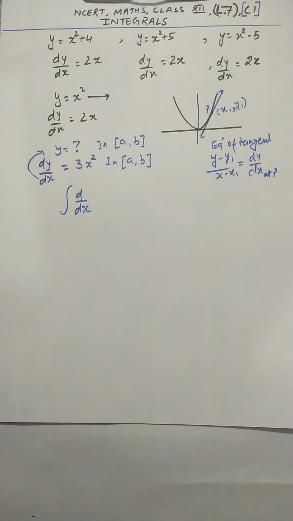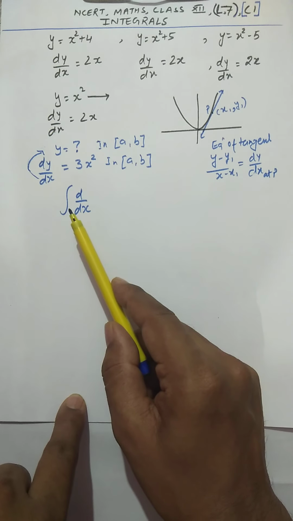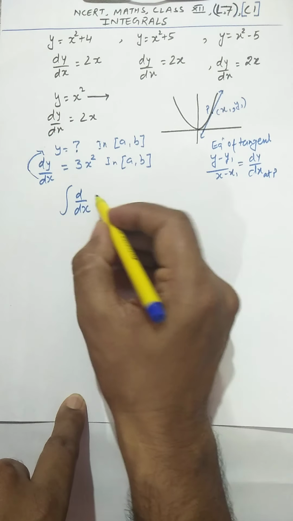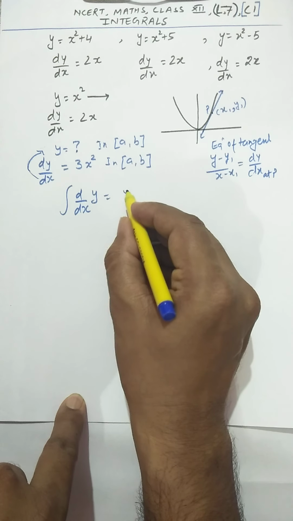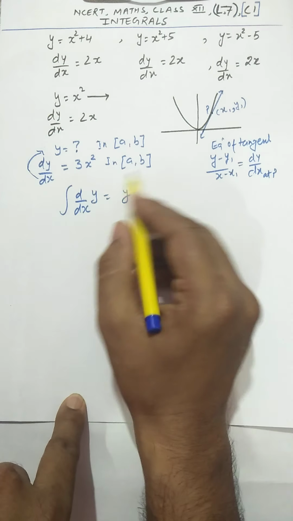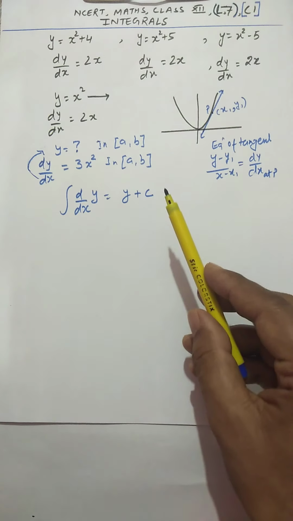The role of this operator is that it is the antiderivative. It means if I apply this, then according to this operator I will get y, or here it could be y plus c, because I don't know exactly what the constant can be.